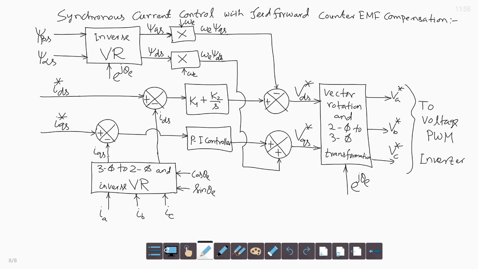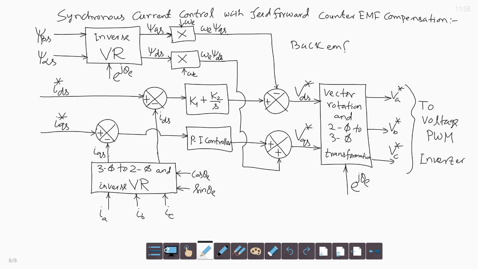So, in this case in the d axis current loop, IDS loop, the back EMF omega e psi q s is subtracted to get the V d s star, and in the IQS loop the back EMF omega e psi d s is added to get V q s star. So, this is the back EMF compensation.